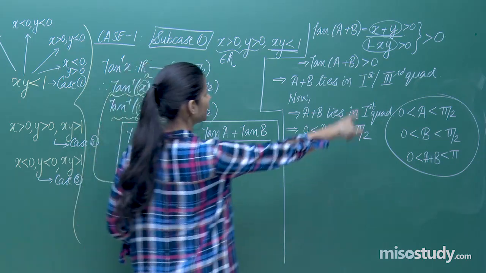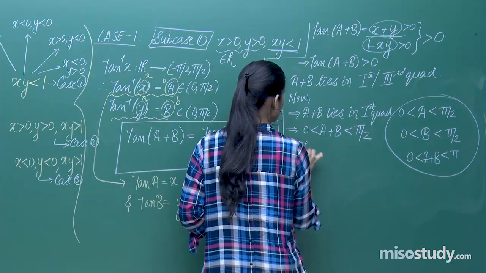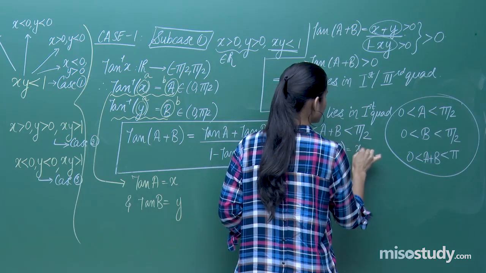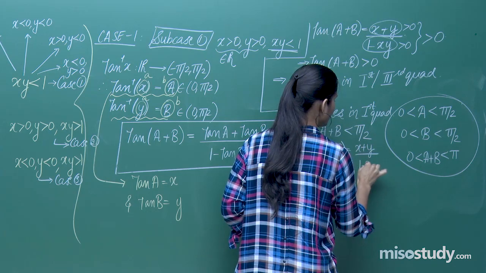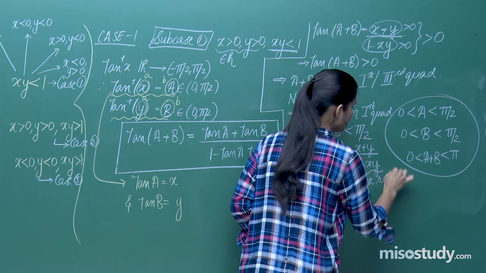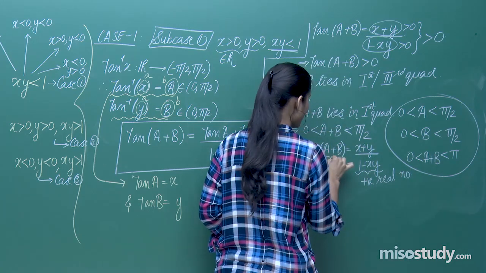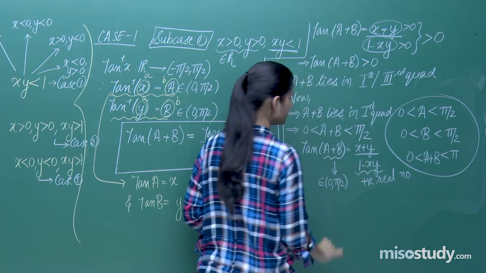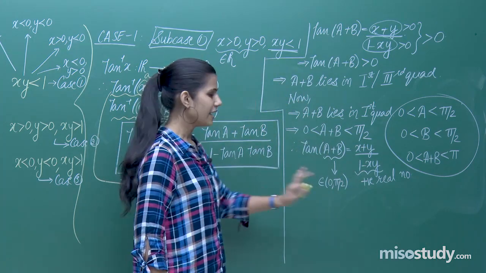See, what did you have over here? This is what you have. So you have tan of A plus B is x plus y upon 1 minus xy. This quantity is a positive real number. And this angle that you have is lying in 0 comma pi by 2 open interval. That's what we have.